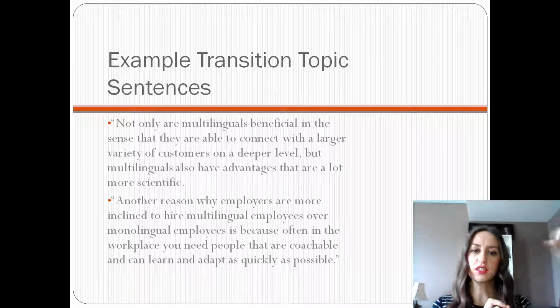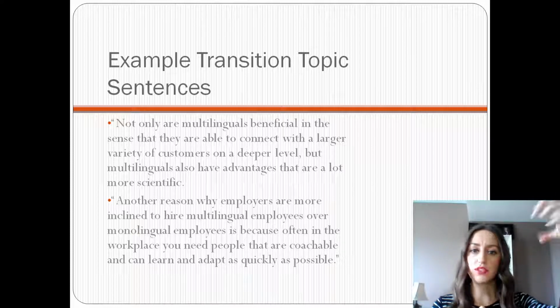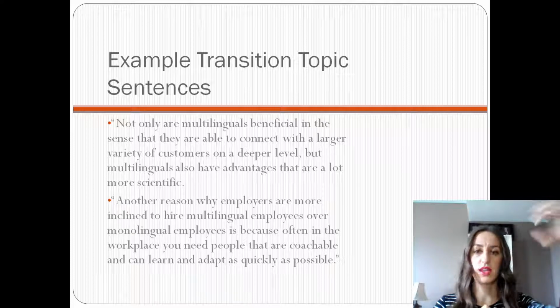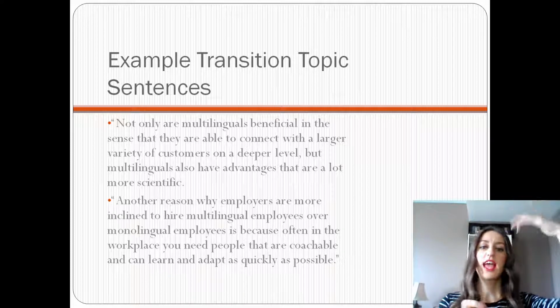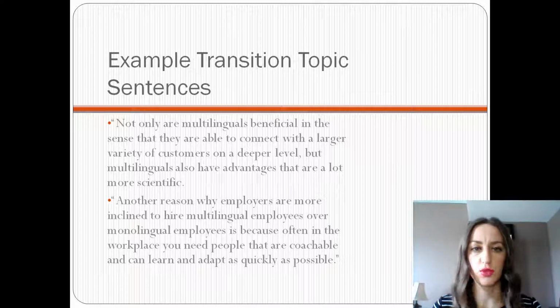And that first clause is referring to the topic of the previous paragraph, where this student talked about how multilinguals are beneficial because they can connect to a variety of customers, right? That was the topic of the previous paragraph. And found a way to connect it into the introduction of the new paragraph topic, which is how multilinguals have advantages that are more scientific.